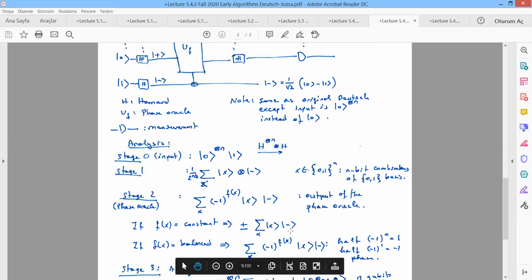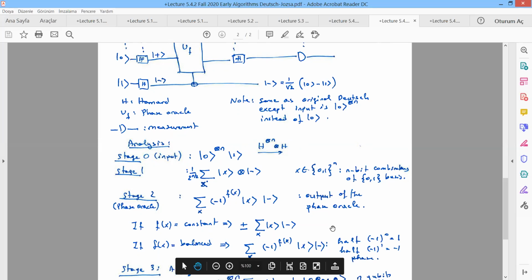Multiplied, tensored with ket minus, because we have this ancilla with ket minus coming out. But in the case when f of x is balanced, that means for certain x, f of x is a 1, and for certain x, it is a 0.